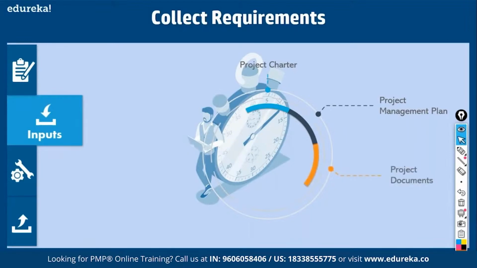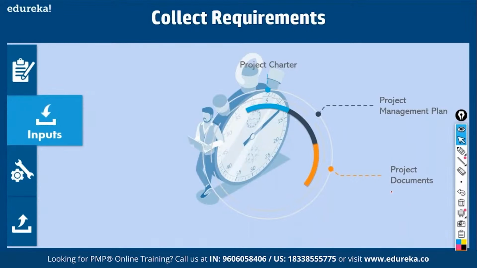There are two things in a project: it is either a plan or it is a document. For example, you have the business case before you launch a project. The business case tells you the high level requirements for a product. Then you have a plan called the benefits management plan that tells you how to manage benefits. So there are a lot of project documents, and these will guide you in collecting requirements.